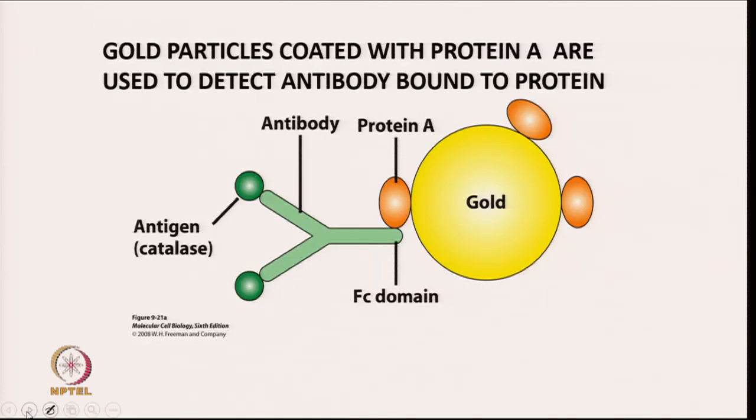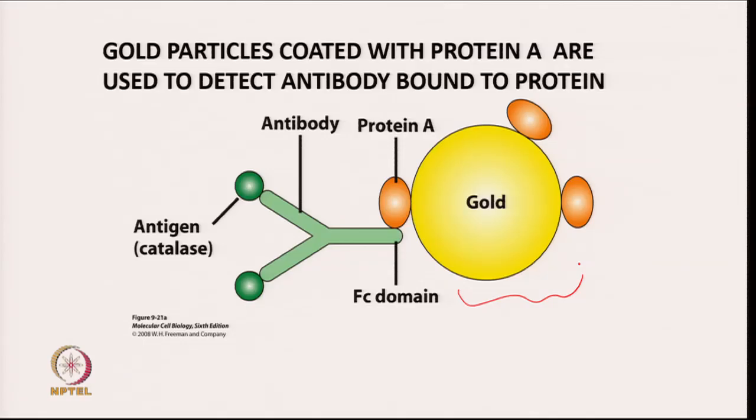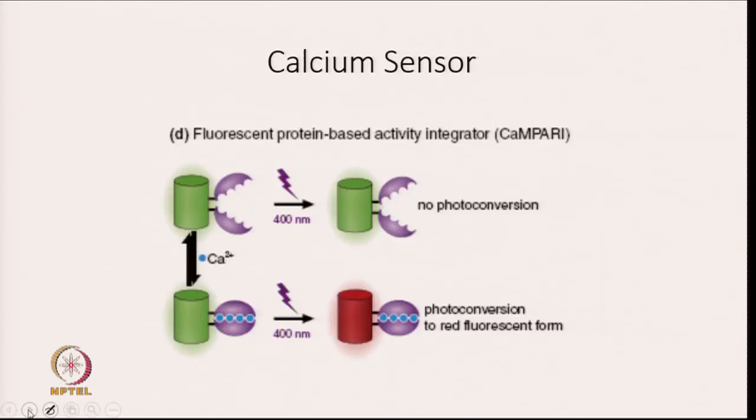Gold particles coated with protein A are used to detect antibody bound to protein. So, you take a gold particle coated with protein A, and when you put it into the cell, it will bind to the antibody, and that is how you can detect the antibody bound to protein.